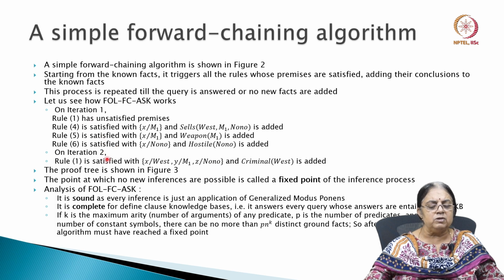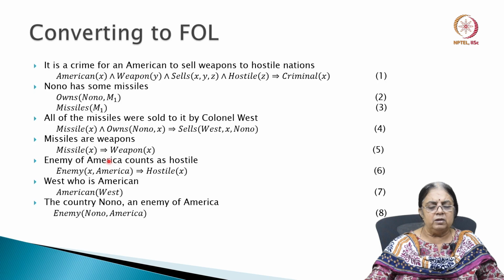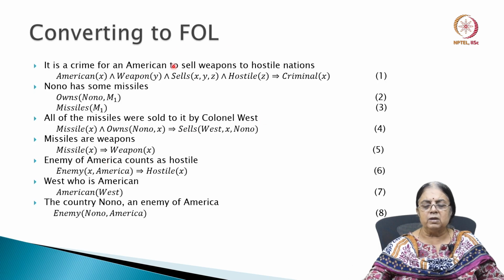Okay, when you come to the second iteration, if you take rule 1, American X and weapon Y and sells XYZ and hostile Z. So what are the instantiations we can put here?